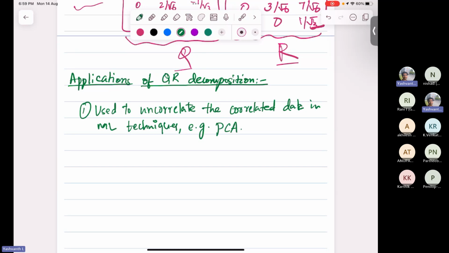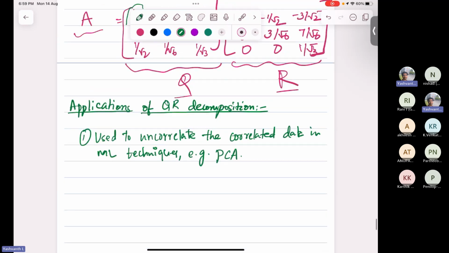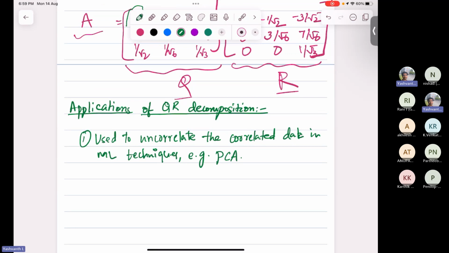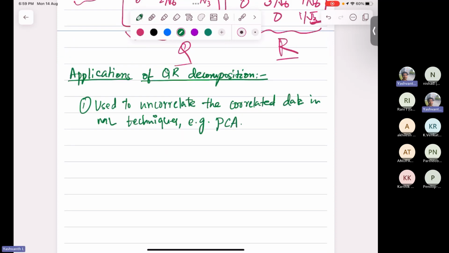So if you see the technique used in these kinds of procedures, essentially QR decomposition will kick in. Maybe the professor will explain PCA in the future classes, but in the sessions I will hint at how QR decomposition can be used in PCA. And some other applications include noise whitening in communication systems.